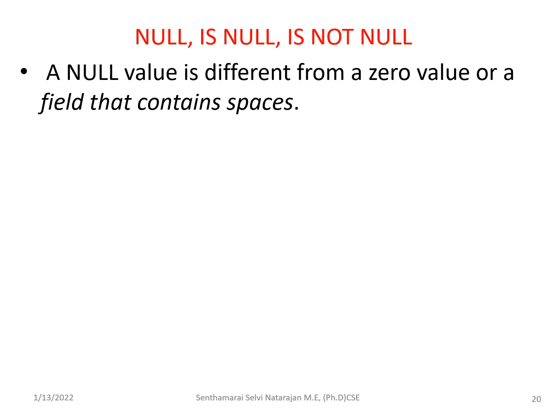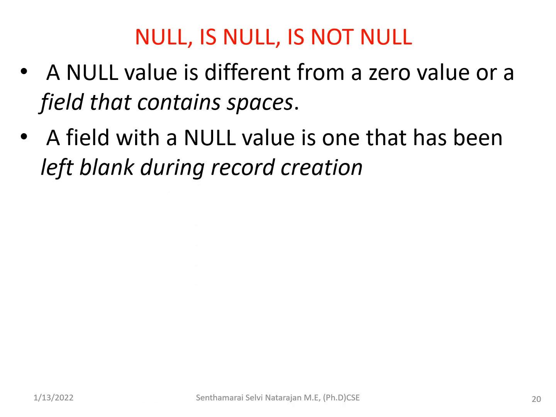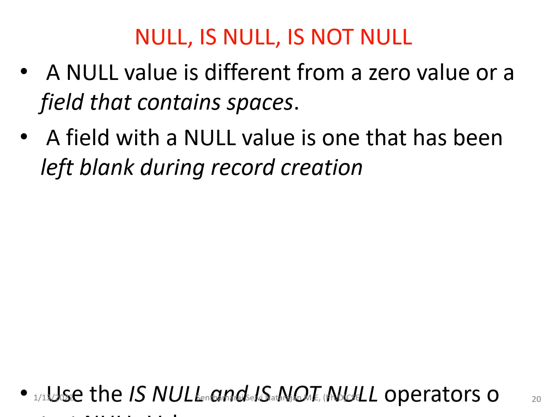So NULL is a value with some field spaces. A field with a NULL value is one that has been left blank during record creation. So if there is any need, you can insert a value by using the alter or update command. But if you issue the value as zero, then you can't make any changes in that record. So NULL is that value.